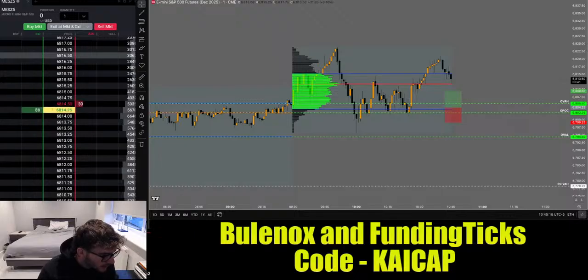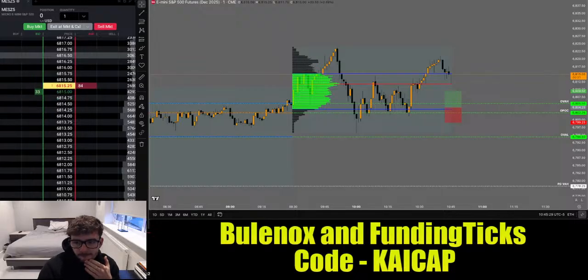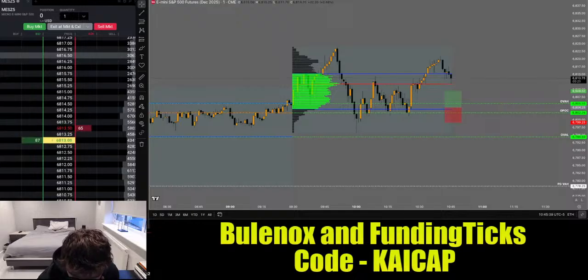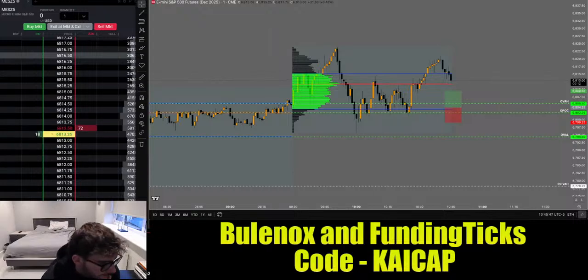I can't remember what it is. It differs from account. For a 50k account, it's 148. So all in, 148 plus 26.25. All in, with Bullinox, you're $174.25. Yeah, so Funding Ticks are just the goats, to be honest.